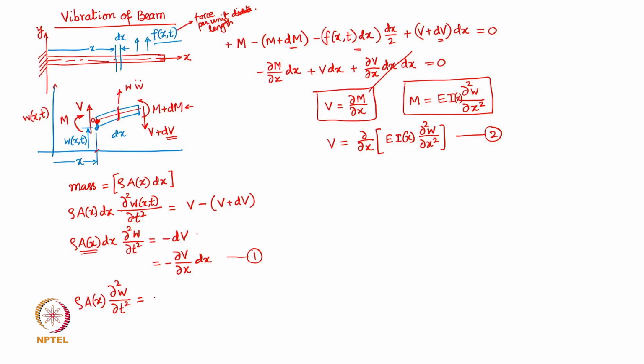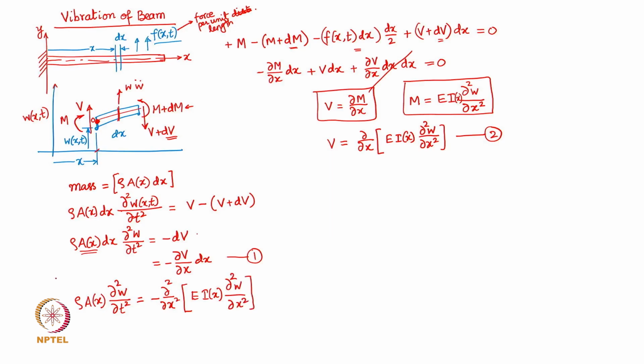So if I substitute that in here, it becomes minus of dou by dou x, and in fact that becomes dou 2 by dou x square of E I(x) dou 2w by dou x square.